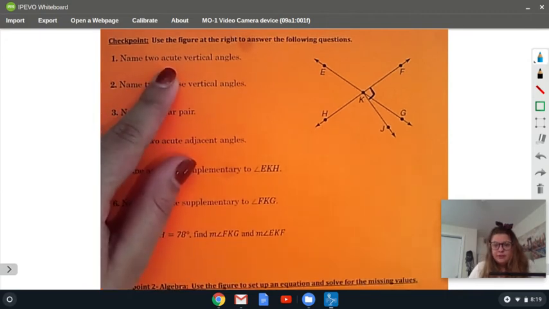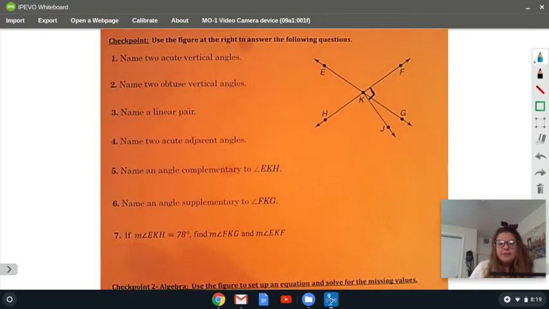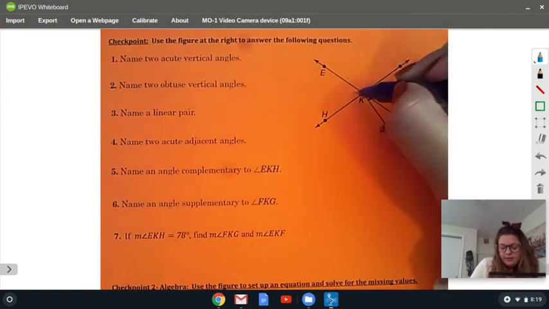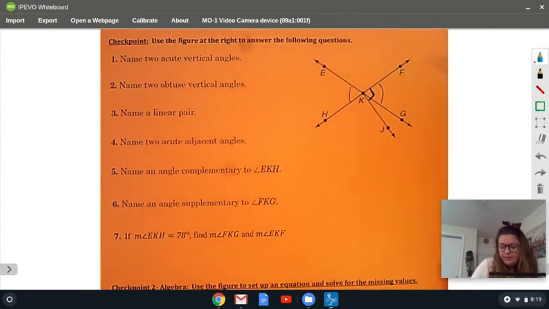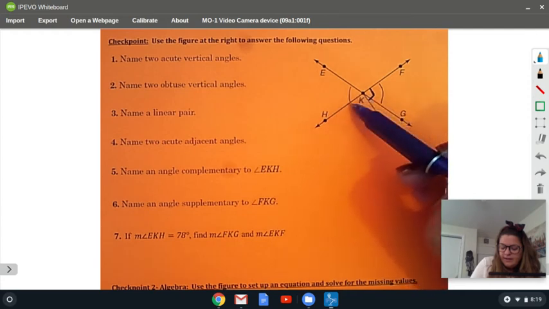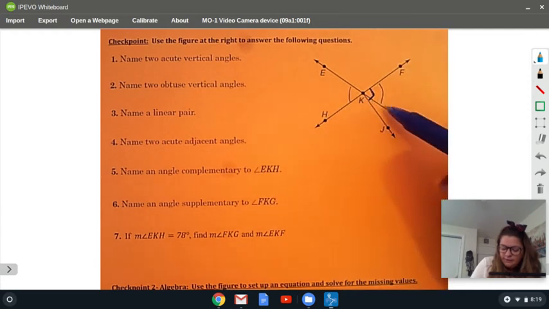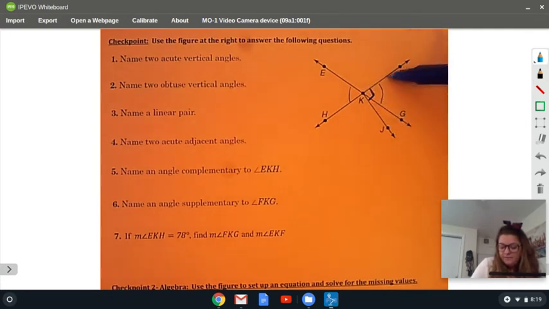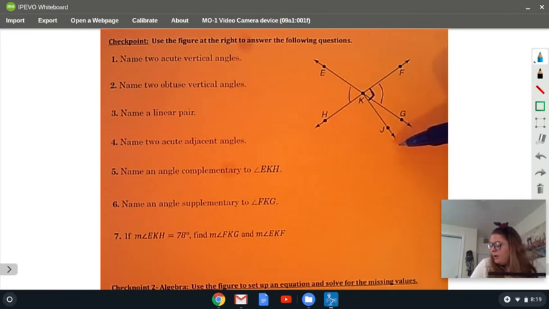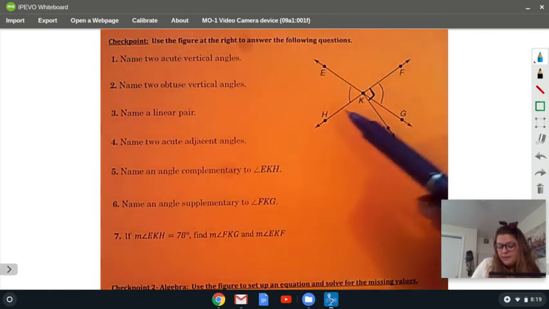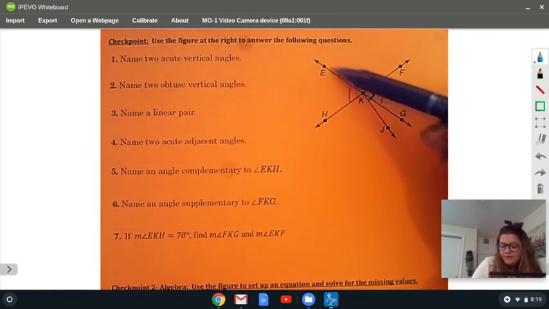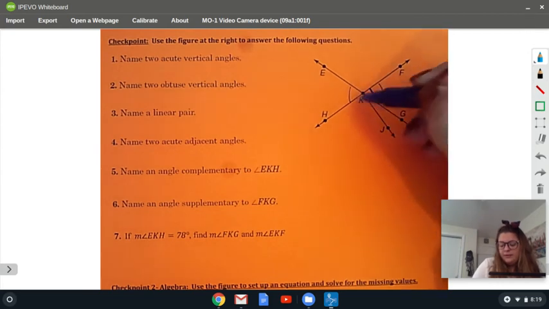Name two acute vertical angles. Let's go ahead and look for vertical angles. I could call these vertical angles. This side goes straight into that side. This side goes straight into that side. It's very easy to mix this up and think that it's this angle. That's where it's important to remember the ray thing. This goes into this one, and this goes into that one. That makes these the vertical angles.